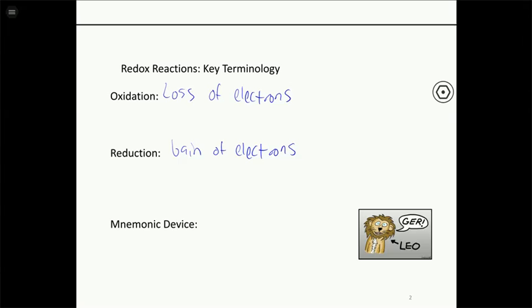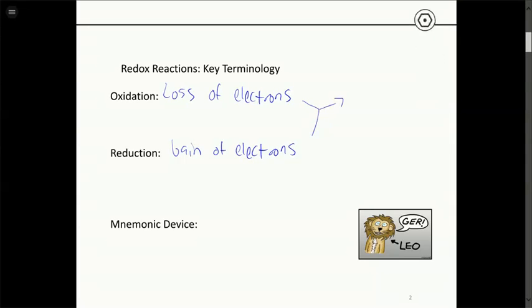You can't have one without the other. So if you have an oxidation happening, you also have a reduction happening at the same time. Because these things always come together, that's why we call it a redox reaction. And this is then a reaction that involves the transfer of electrons.